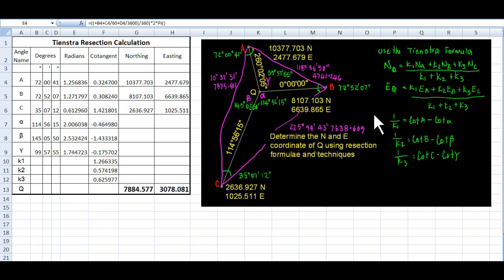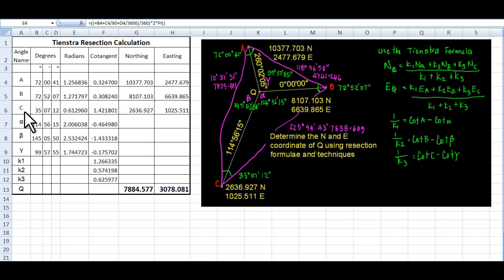Now looking at the formula, first of all we can see that it relies quite heavily on the cotangent of all of those angles, and also the northing and easting of all of the 3 points. So here is my spreadsheet, and this is what I decided to do as I thought it would be an easy way to calculate it out.